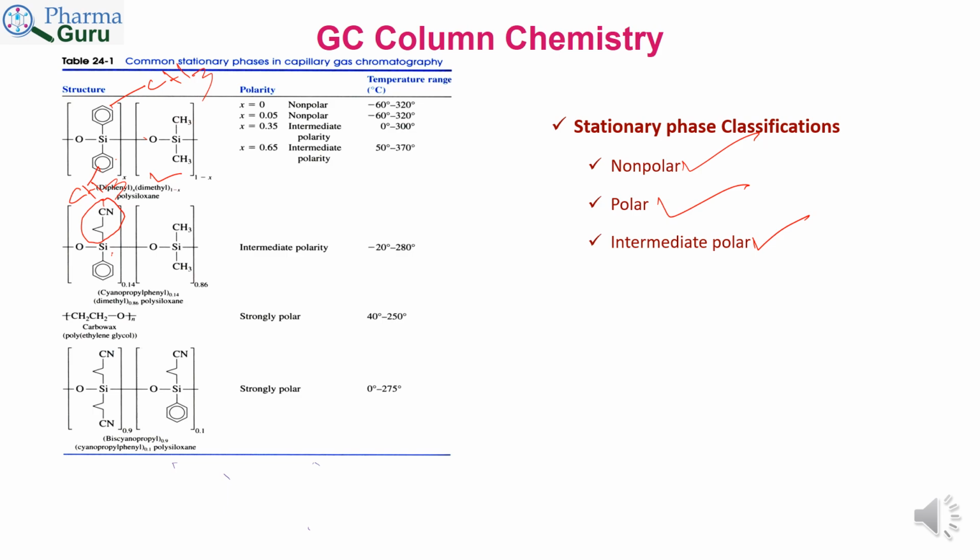If you are replacing two phenyl group with the propyl cyano group or cyanopropyl group, then resulting column will be more polar than this column, and based on polarity we are selecting the column in the method development. I am going to discuss in details in upcoming videos.